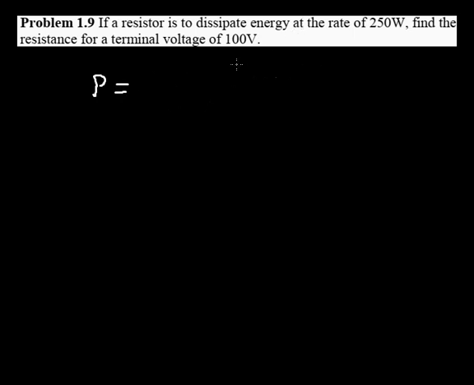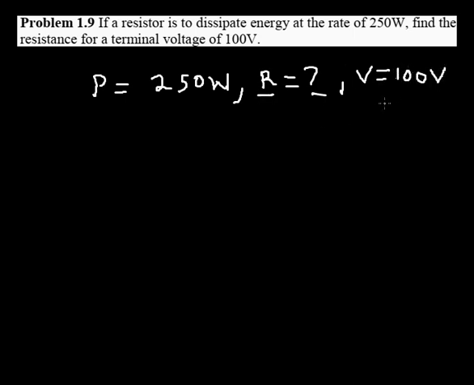So what they are giving us there is actually the power, right? The power is 250 watt, and of course the SI unit will tell you that it's power. All right, 250 watt. Find the resistance, for the terminal voltage of 100 volts. So now we're looking for resistance, having been given voltage and power.